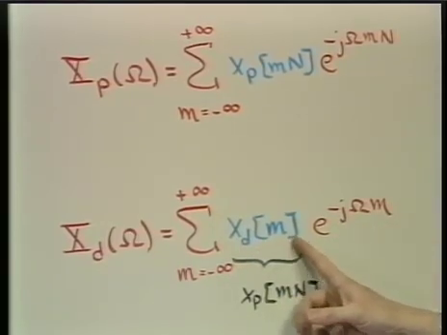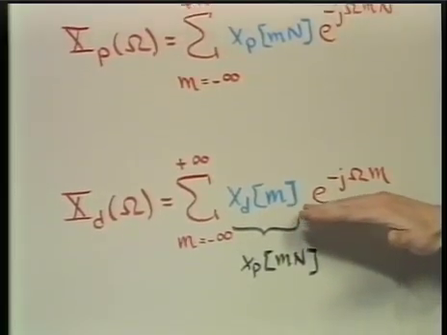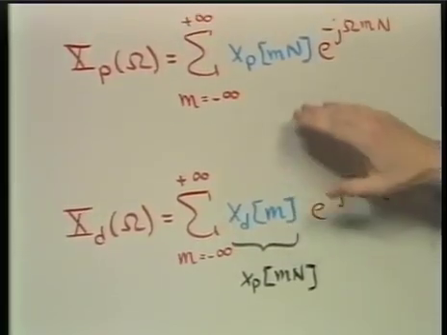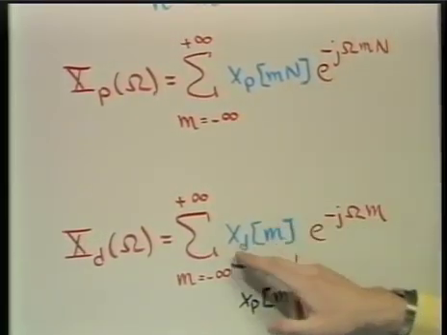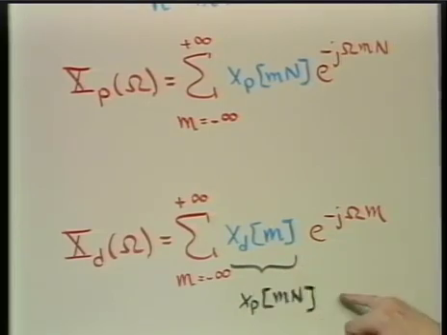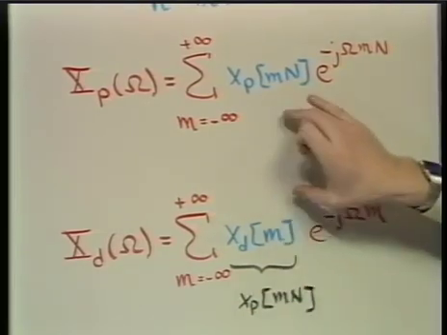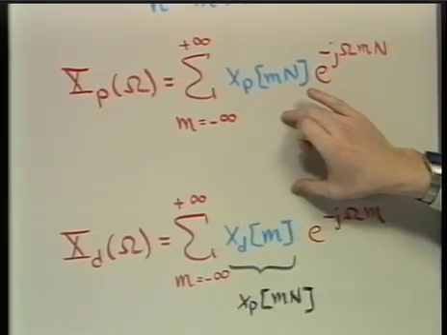Well, what we want to look at is a correspondence between this equation and the one above it. So we want to compare this equation to this one. And recognizing that this decimated sequence is just simply related to the sampled sequence this way, these two become equal under a substitution of variables.